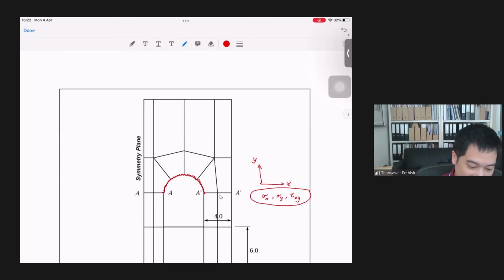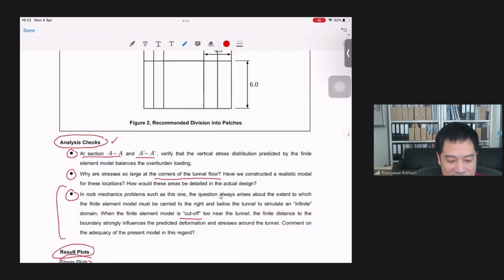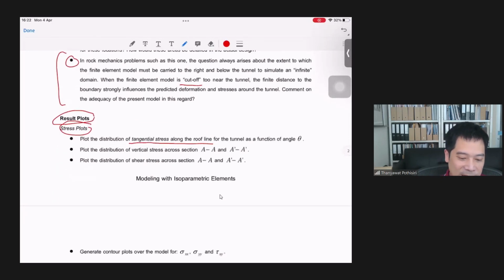But now, if you want to plot the tangential stress along this roof, then it means that somehow you have to convert from these stress values to the tangent direction. Okay, so you have to think about that.